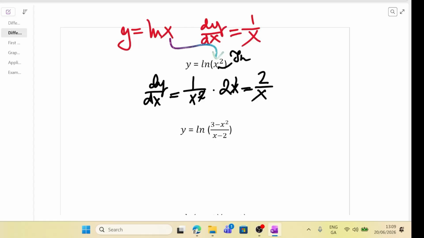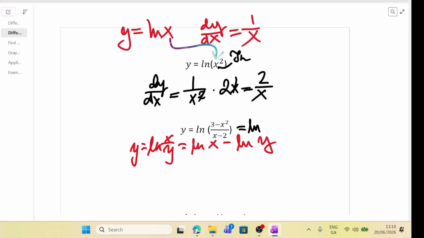Remember that if I have natural log of x over y, that can be changed into ln of x minus natural log of y. That's what I want to do over here. I want to break the division into a subtraction of two logs. So I get ln of 3 minus x squared, and then minus ln of x minus 2. Now it looks much simpler, so I can differentiate it separately.